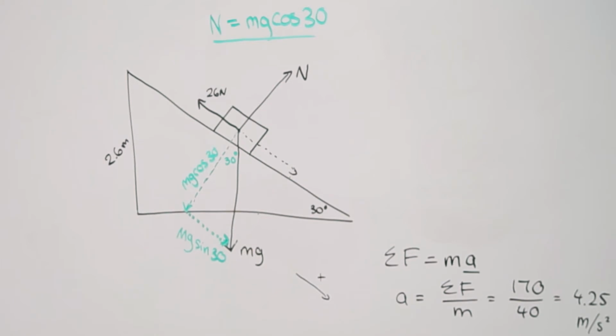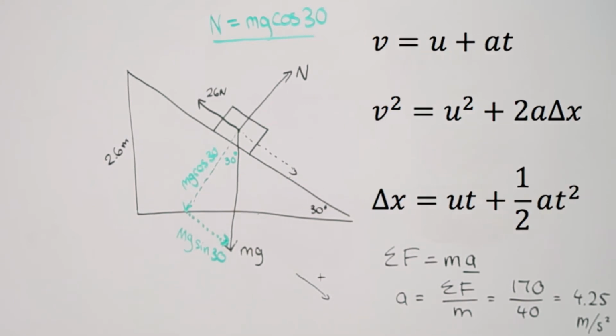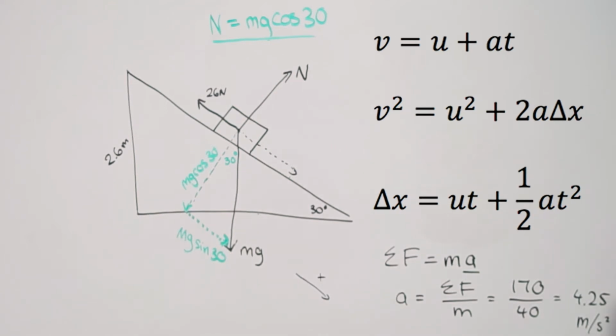Alright, so now that we have the acceleration, we can work out velocity and distance and various other things using our kinematics formulas. So we'll put up the kinematics formulas over here. Now, when we're trying to work out the velocity in this case, you want to see that in the question, we're not actually given the time taken.